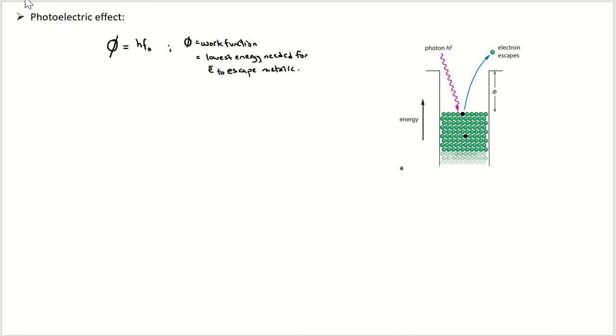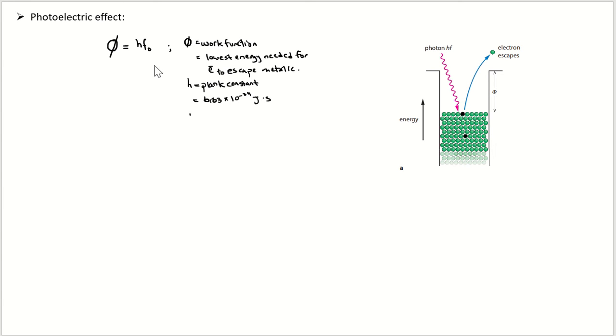Now of course the unit of the work function in this case, if I'm taking h in joules, is going to be in joules as well. h is the Planck constant, and as you know, the Planck constant is equal to 6.63 times 10 to the power of minus 34 joule seconds.